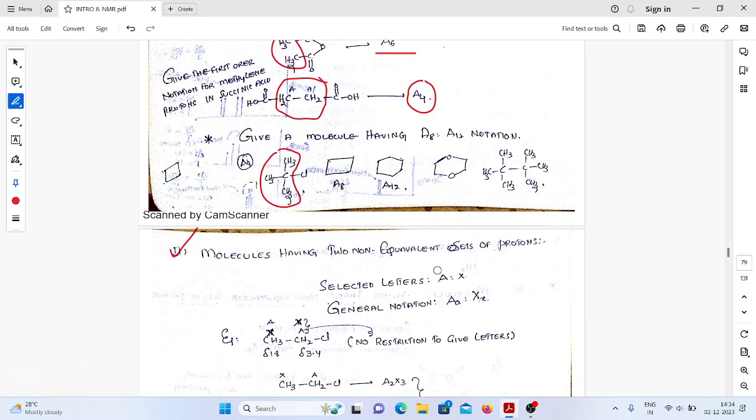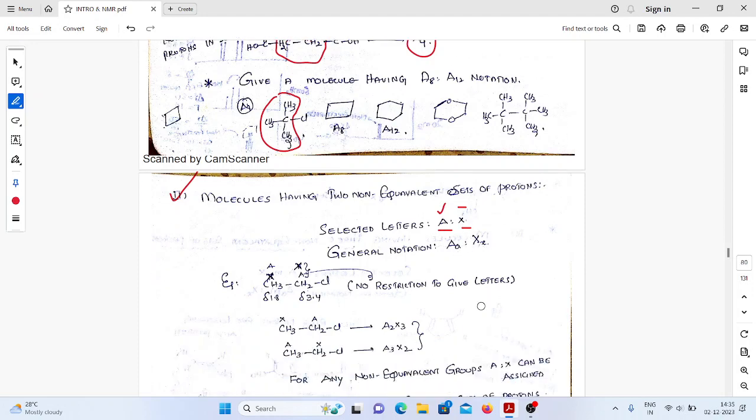So what are the letters which we are using? A and X. Generally, these people follow the letters A, B, C, D. Right? If you see the distance between A and X, it's a longer distance or not. So what the people are identifying, whenever the chemical shift values of the non-equivalent sets of protons have a higher difference, then we can use the terminology of capital A and capital X. If A type is there, A. If X type is there, X. Take one example, CH3, CH2, Cl.